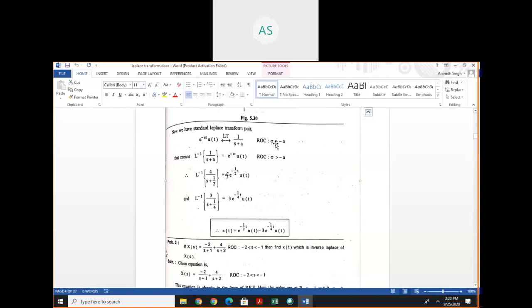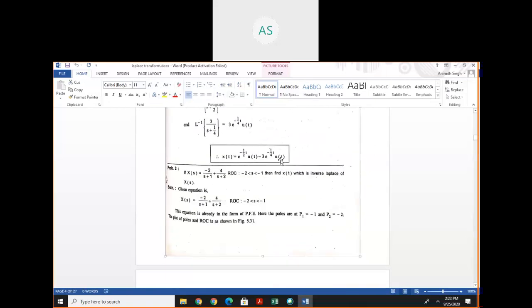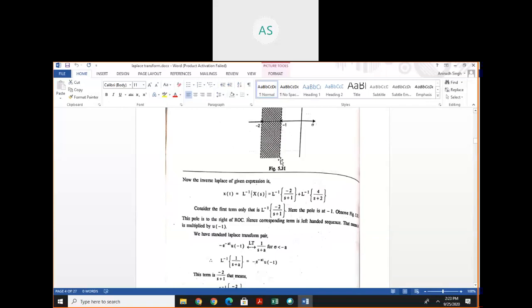And in this formula, e^(-at)u(t) is given by 1 over (s + a).